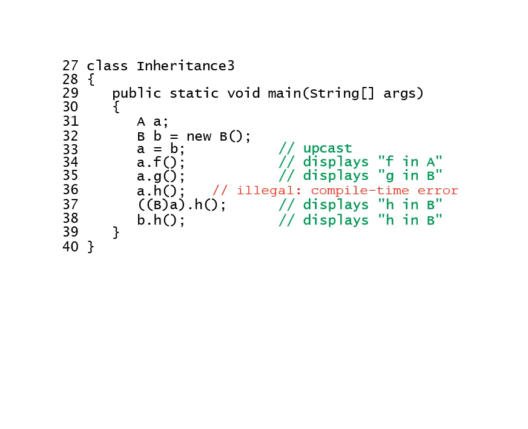So the A is going to be pointing down to the B object. And then we say A dot F. We get F in A, obviously, because A is pointing down to a B object, because of the upcast. So if you say A dot F, it's going to execute the F method in the A class. Why? That's the only one in the B object, the inherited one. There isn't one defined at the B level.